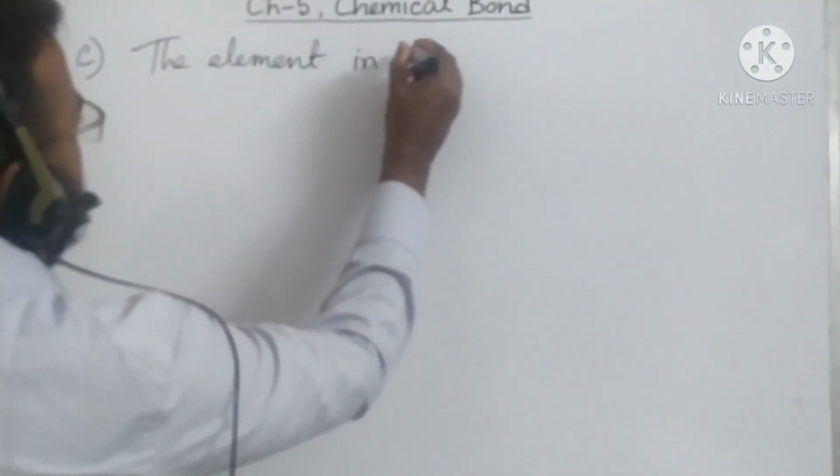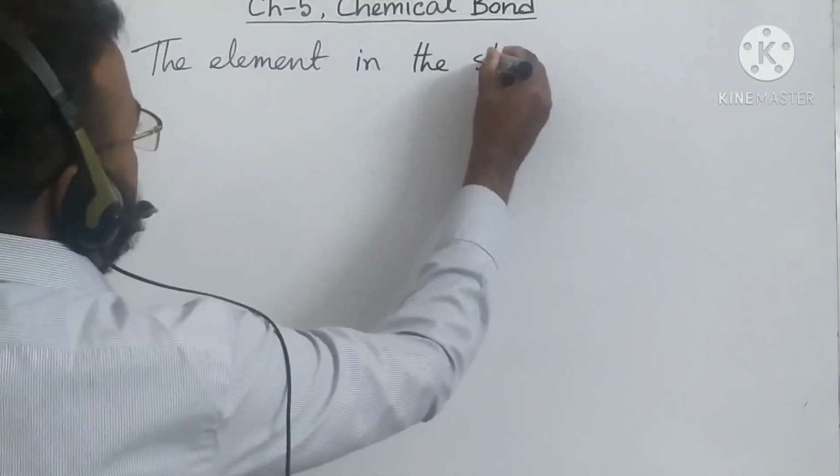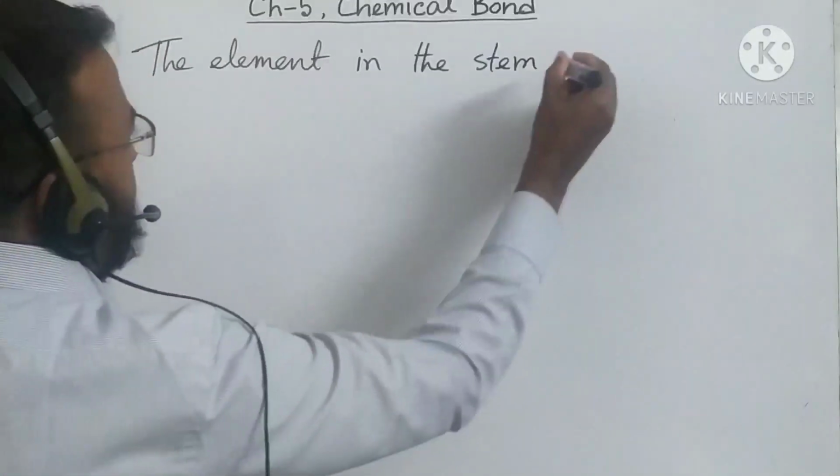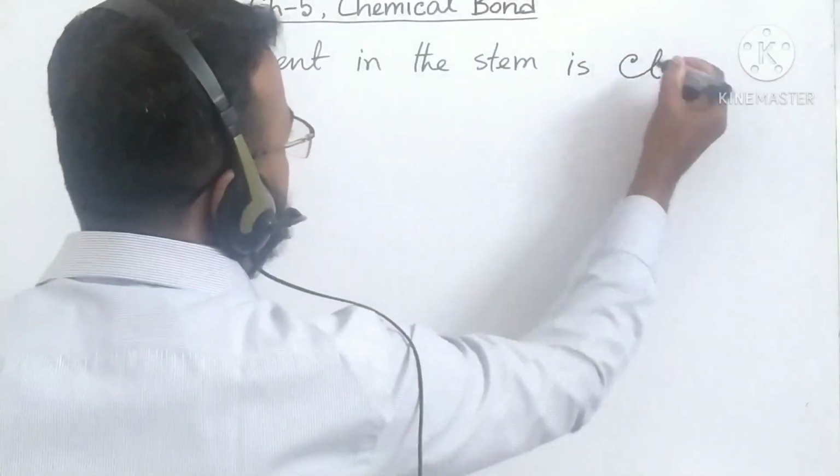Okay, now number C, the element in the stem is Cl.